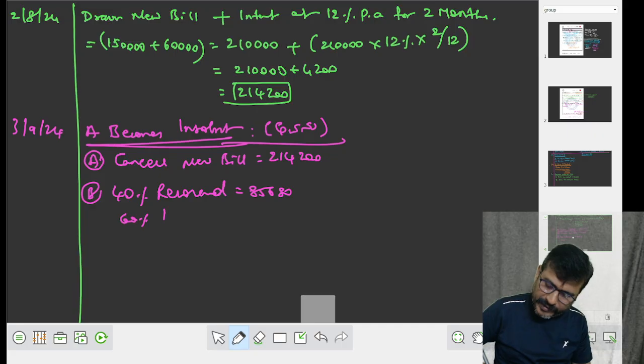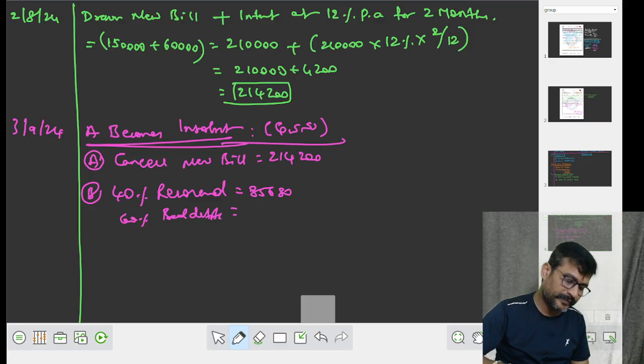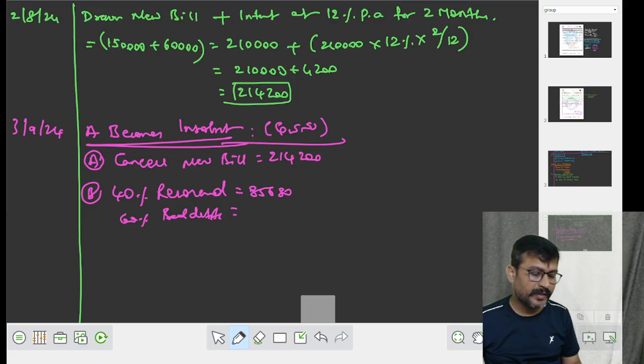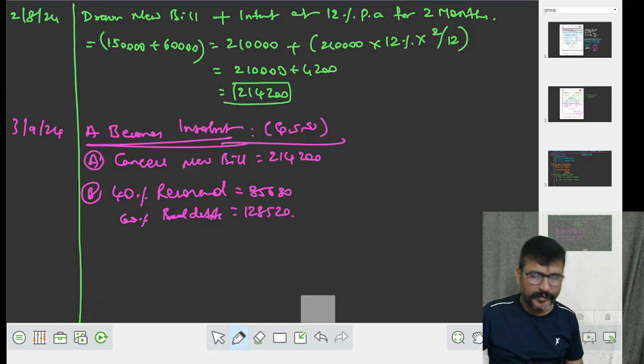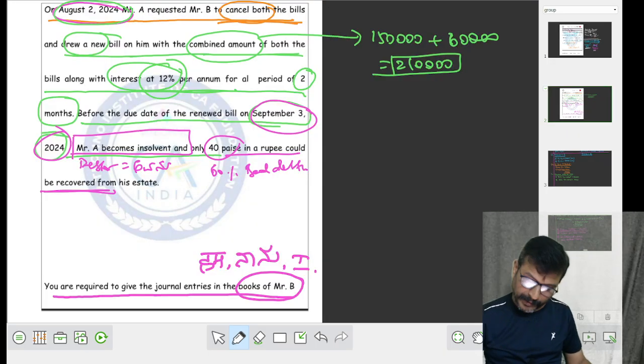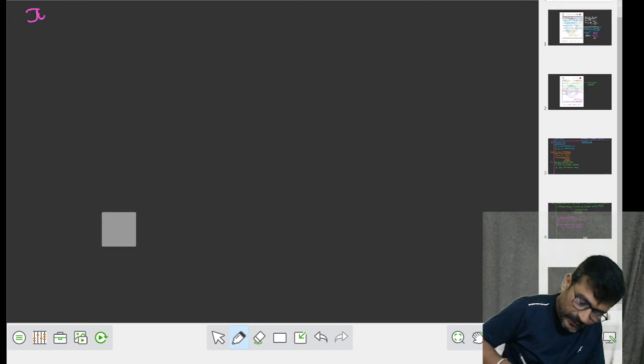Remaining 60% is bad debts. कितना होता वो? Into 60%, 1,28,520 हुआ. बाद में क्या करना? You are required to give the journal entries in the books of Mr. B. Shall we write the heading?